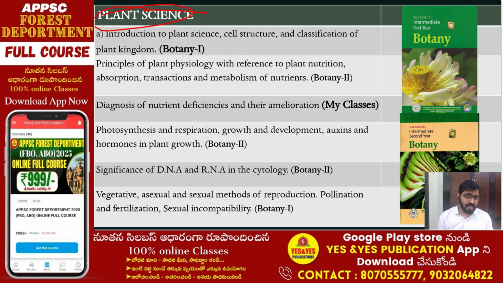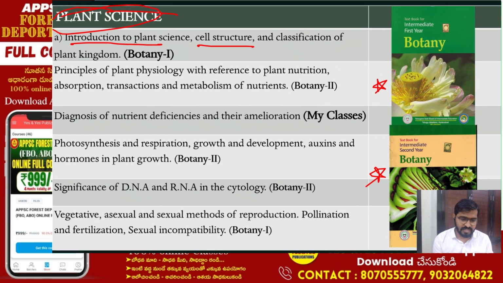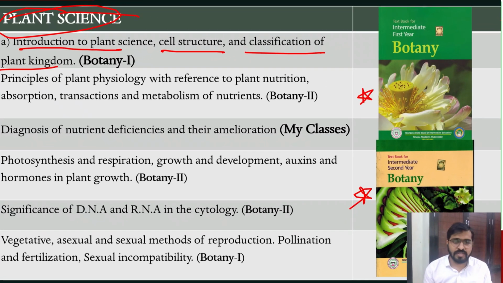So we can rely upon these sources because they play a major role, as they are given by the state board itself. For introduction of plant science, cell structure and classification of the plant kingdom, we can refer to the botany first year intermediate textbook.